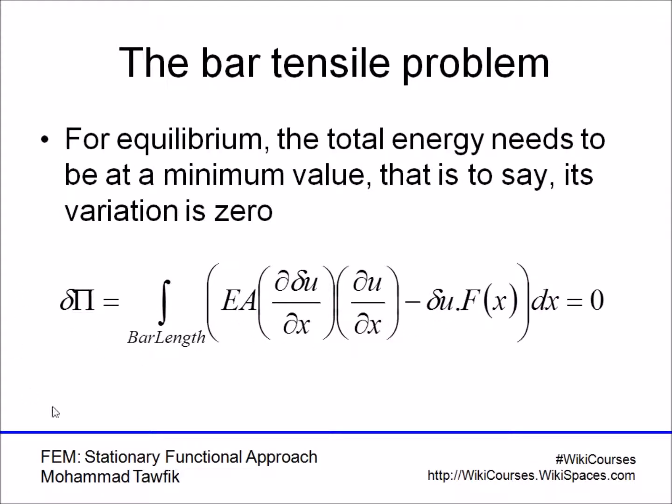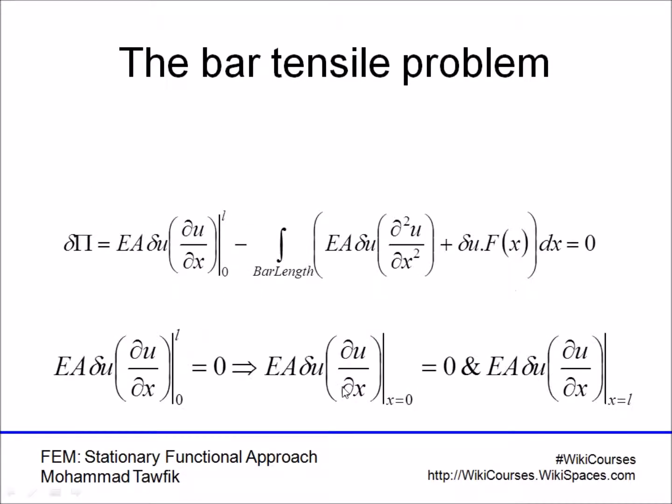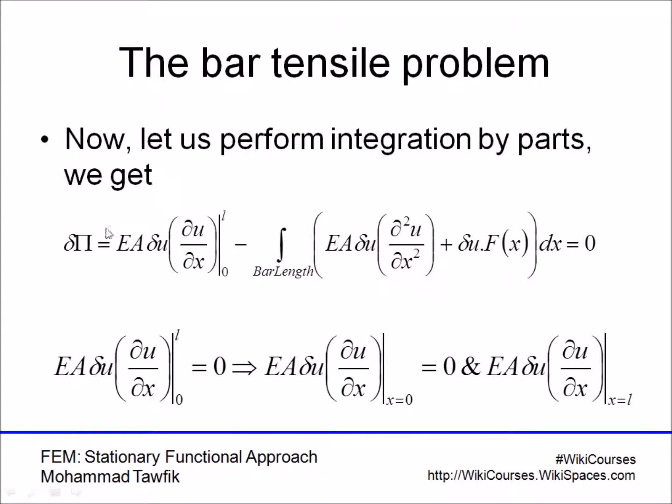Okay, so if this is the case, we can apply the integration by parts on this term, which gives us the boundary term that we have here minus the integration of the variation of u multiplied by the second derivative.